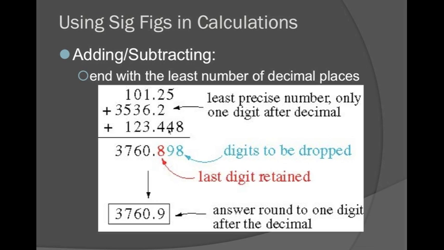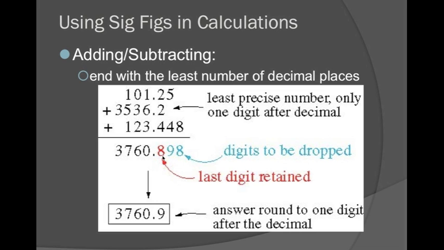For example, the 2 ends in the tenths place, the 5 ends in the hundredths, and the 8 ends in the thousandths. The least precise is going to be the one to the tenths place. So we round everything to the tenths place, and that 9 would round that 8 up to a 9.